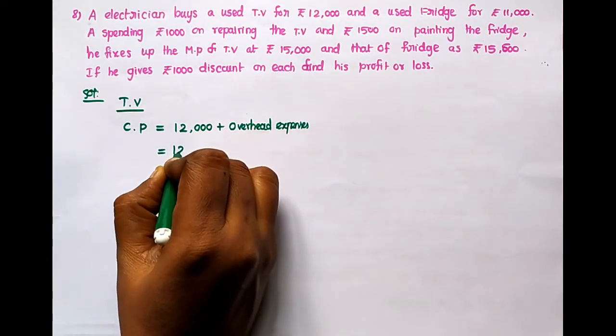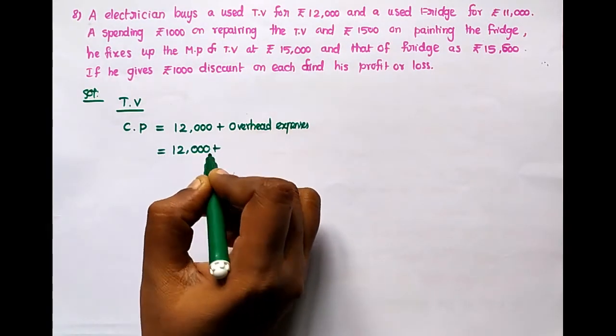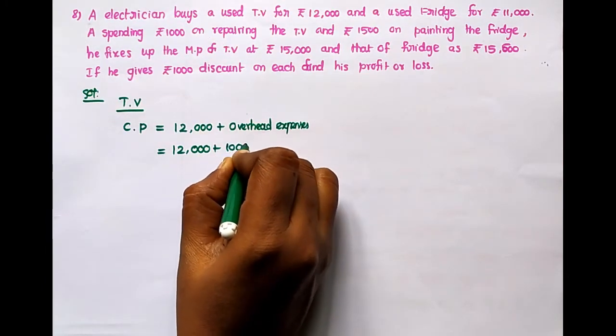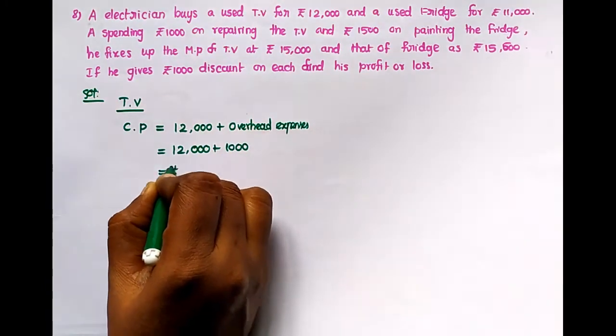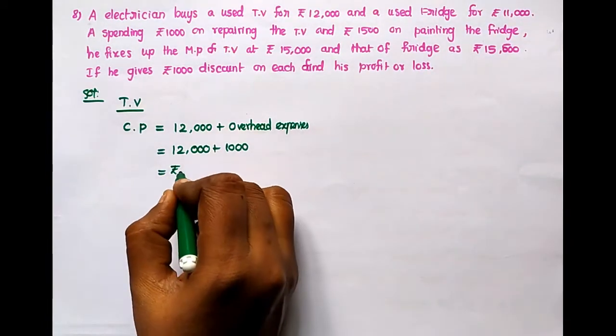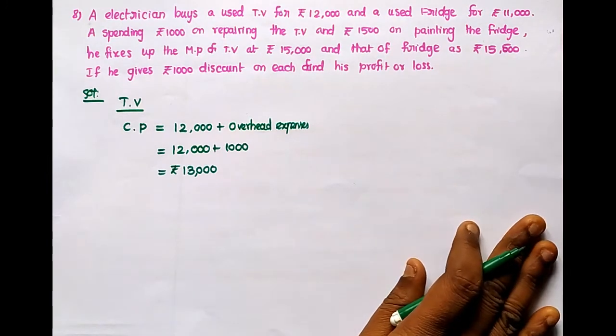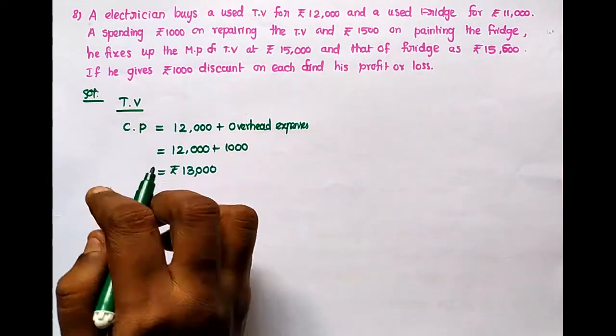So 12,000 plus he spent for repairing, that is 1,000. So cost price, that is 13,000. That is the cost price.